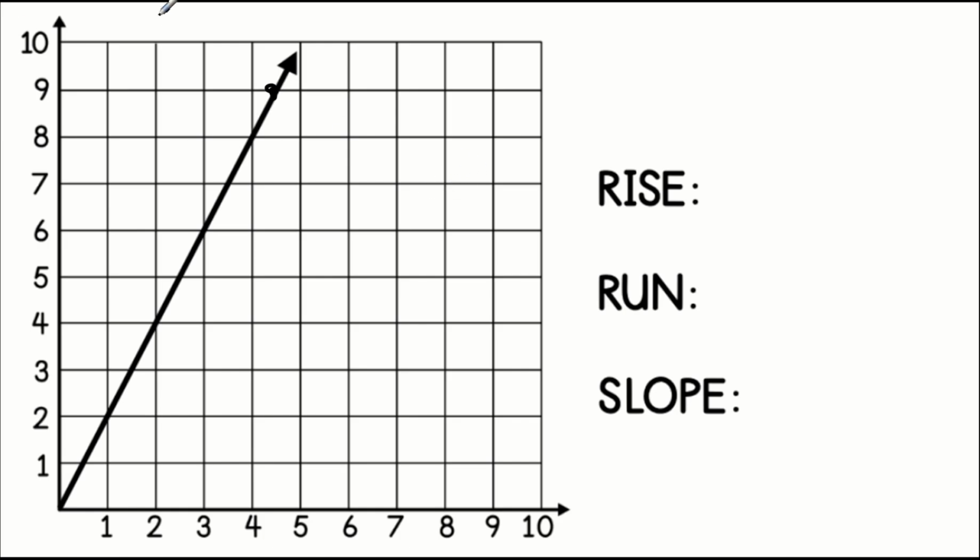Everybody see what I mean? So we could use right here, right here, right here, right here, and right here on this graph. Everybody good with what I'm talking about by corner?